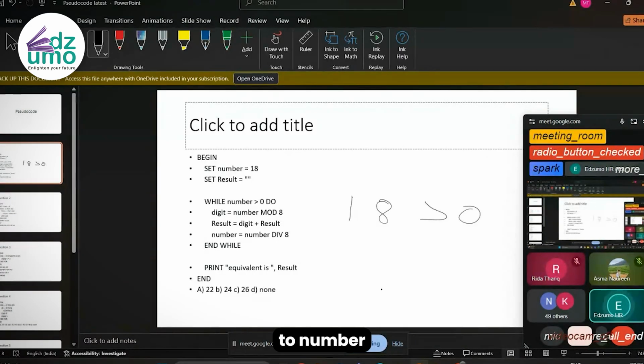Digit is equal to number mod 8. So digit is equal to 18 mod 8. What happens when you divide 18 by 8? You get 2 as the remainder. So digit is equal to 2. Hope you are getting me, right?